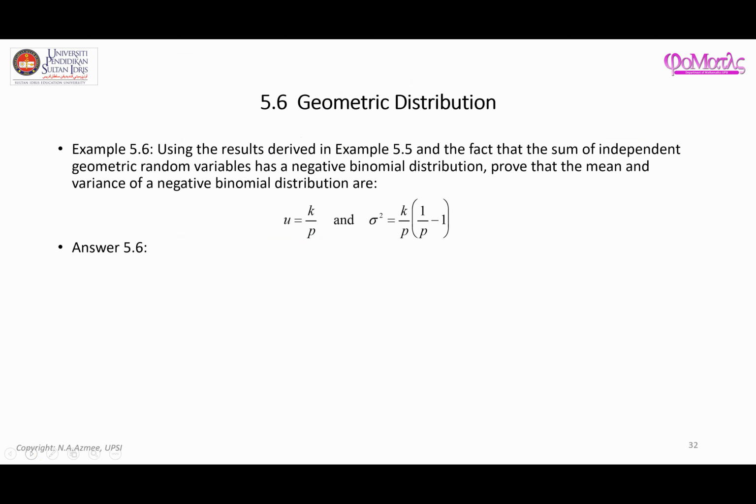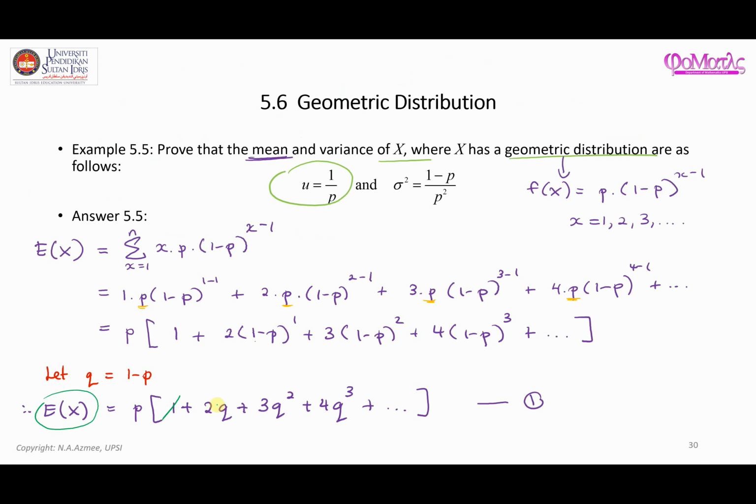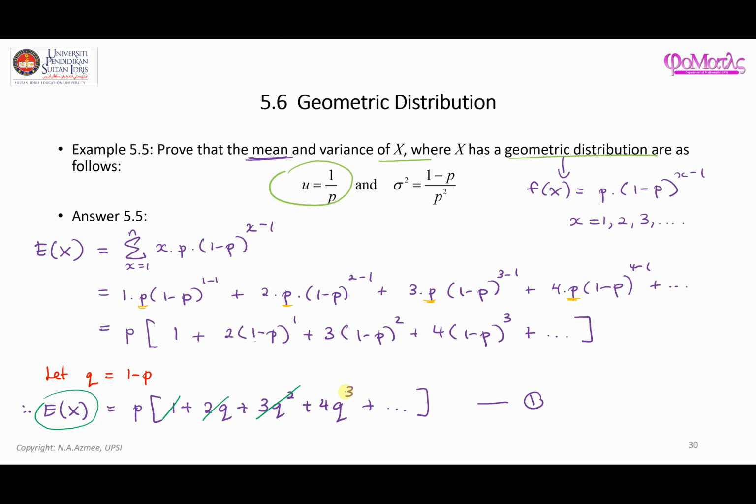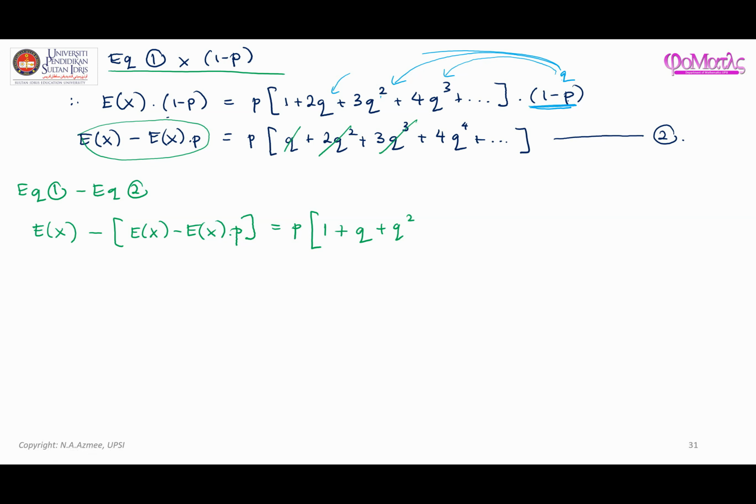Next, we're going to have 3q squared minus 2q squared, so 3 minus 2, it's going to be plus q squared. And then 4q cubed minus this one, so we will have q cubed.